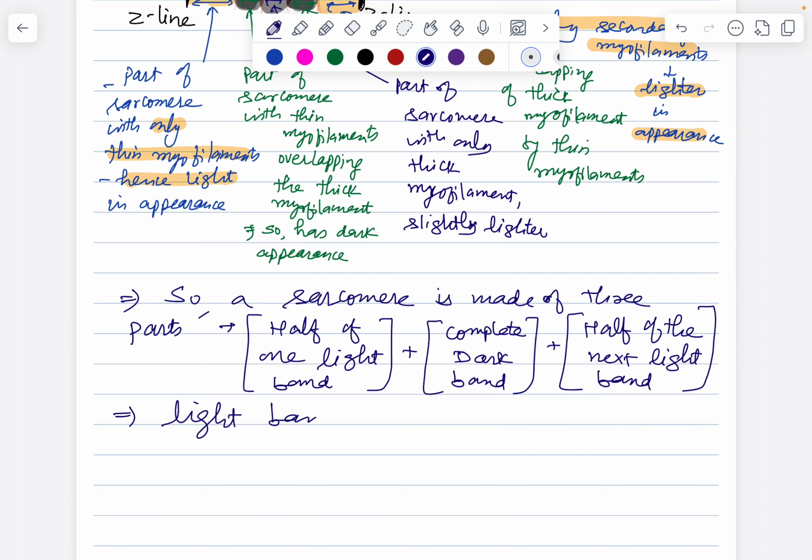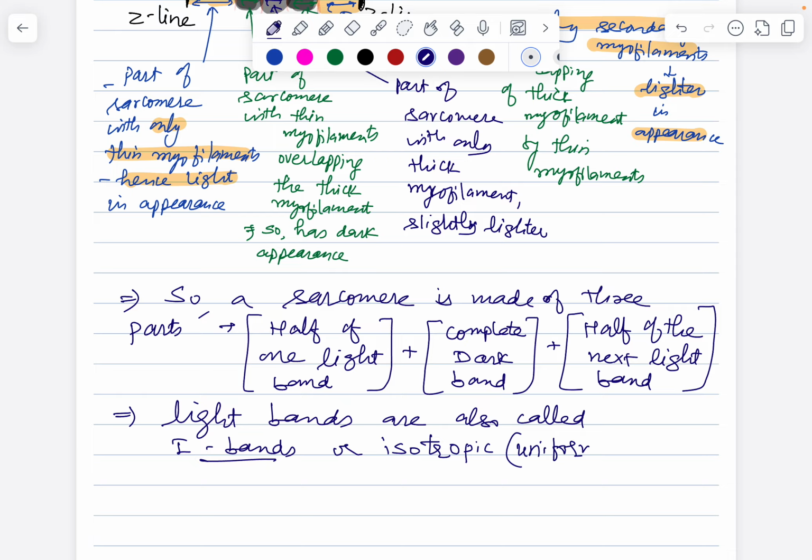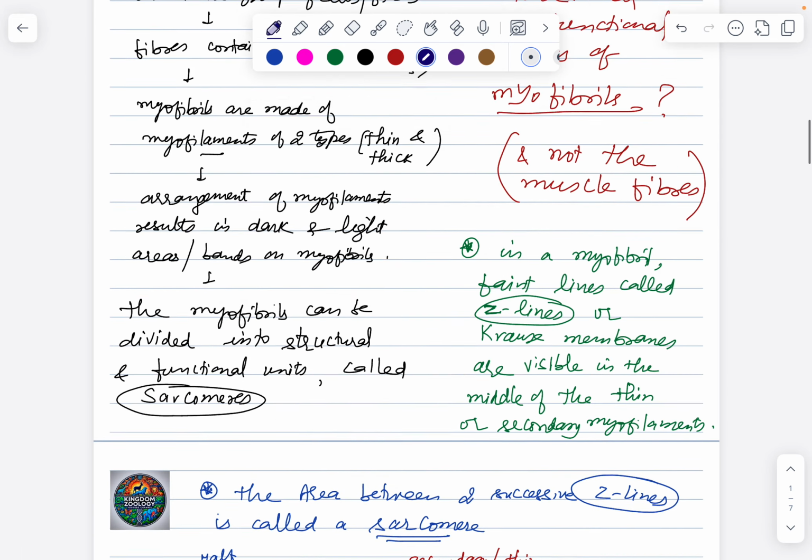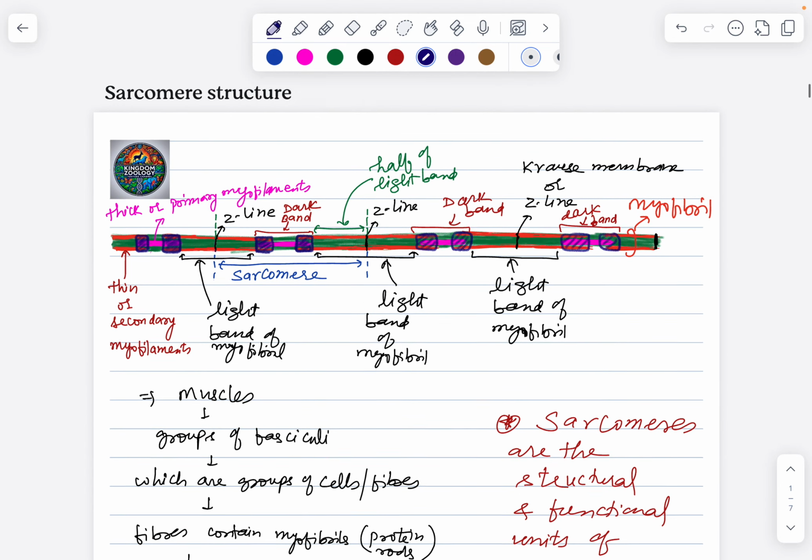The light bands of the sarcomere are also called I bands or isotropic. Isotropic term means uniform. Because if you look at an entire light band, look at this structure here now.